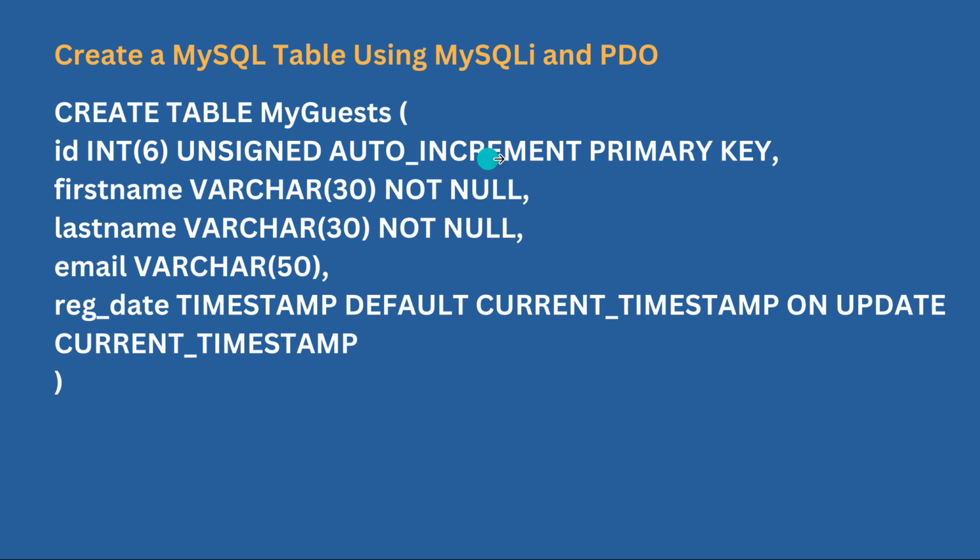Auto increment means I do not have to put a value for this in this table while we insert. If you put any data, your first name, last name, email, it will increase by 1 next time and it's auto inserted, right? Clear? I'll show you.